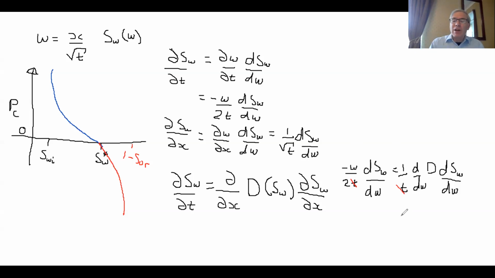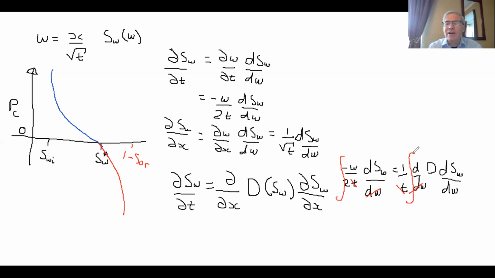Now I'm going to try and integrate this equation, and I can integrate it once quite easily, because I'm going to put dw up here. So these dw's essentially cancel, and we've got a d here. If we stay in red, it's as though we're going to cancel this, and then I'm going to integrate this.